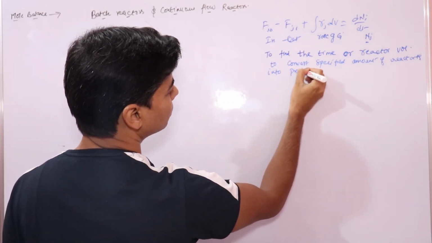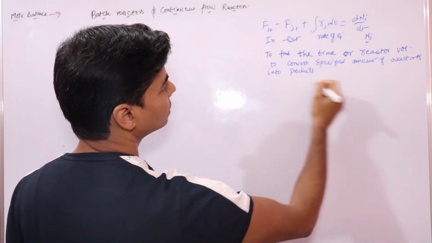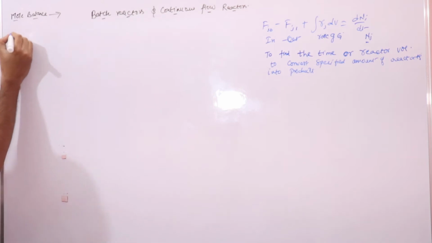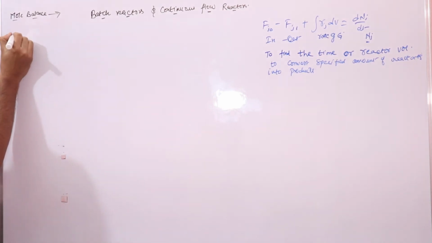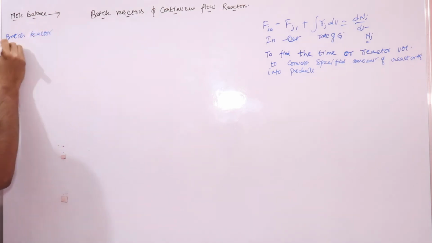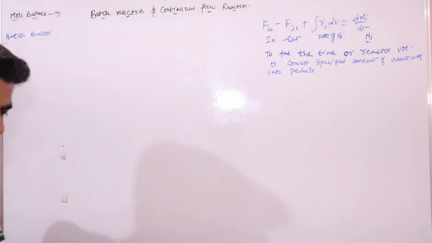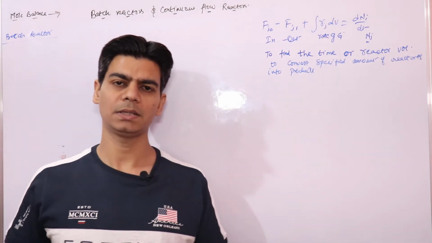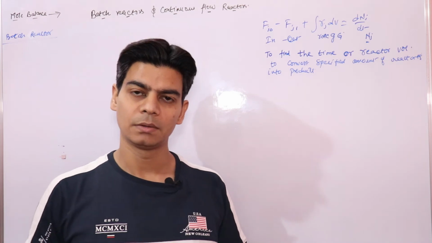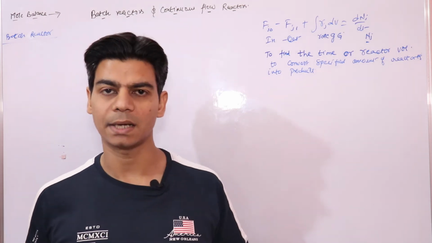Now we will see how to apply this to batch reactors. First we'll understand what a batch reactor is. As the word reactor suggests, a reactor is a plant. It may be a tank, it may be in the form of a cylinder. So a reactor is where chemical reactions take place.